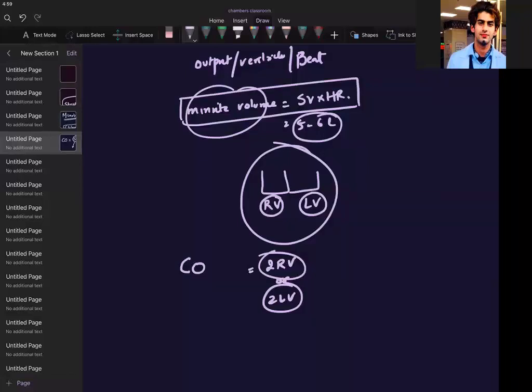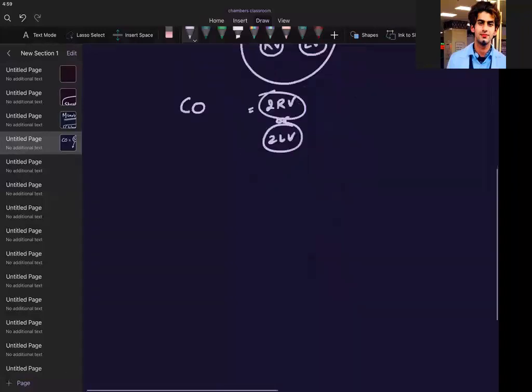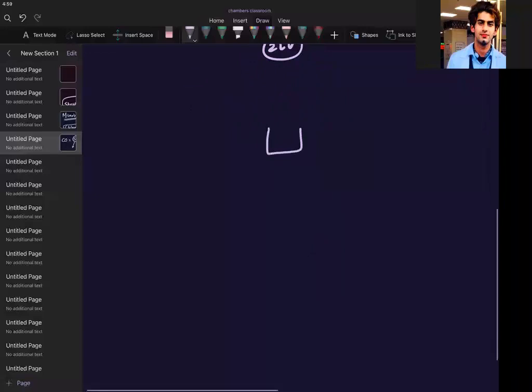So what is the distribution of blood? What is the output which you have thrown out, and where is it going? Whatever blood is coming to the heart, whatever cardiac output you are throwing out, should it be equal to the venous return? Whatever amount of blood is coming to me, that I should throw out.